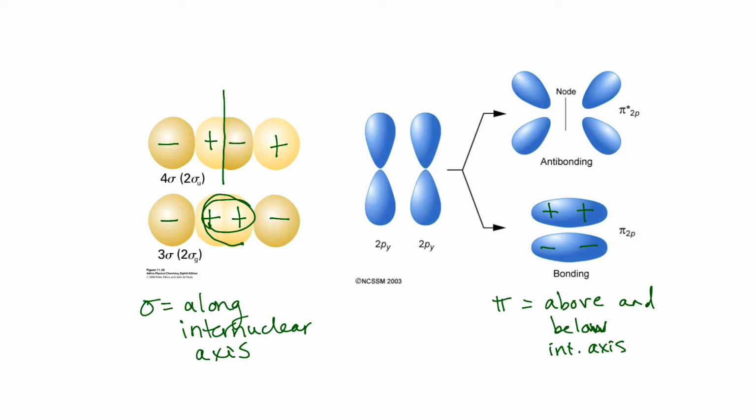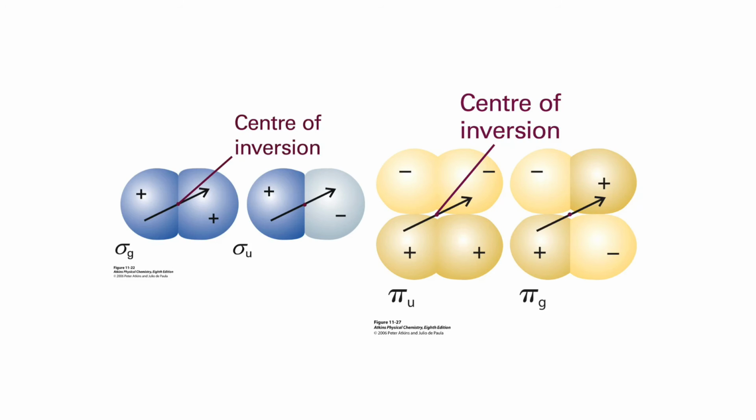Other option is if our signs are different. So if we have plus, minus, and let's say this one was oriented the opposite way, when they come together, you get that destructive interference between these two lobes, and then we get that node in the middle. So that would be representing our anti-bonding pi orbital.